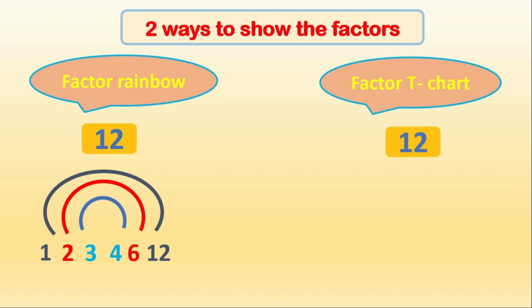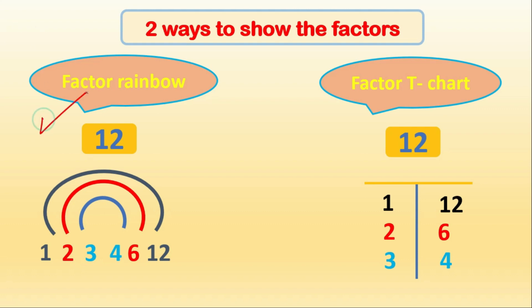Let's show the factor T-chart using the same number, like the letter T. The first 2 factors, 1 times 12, the next 2 times 6 and 3 times 4. These are the 6 factors of 12 using 2 ways, factor rainbow and factor T-chart.